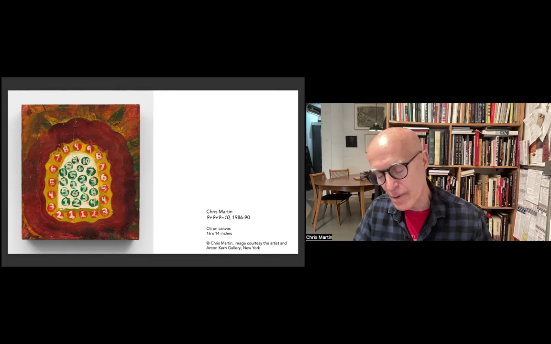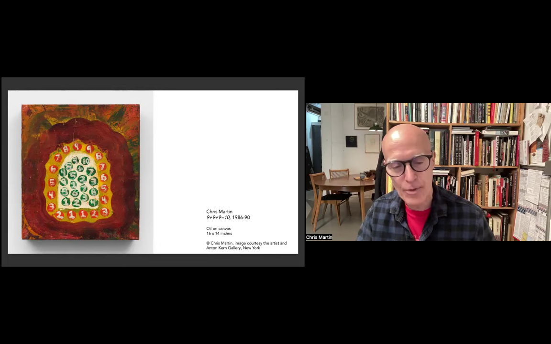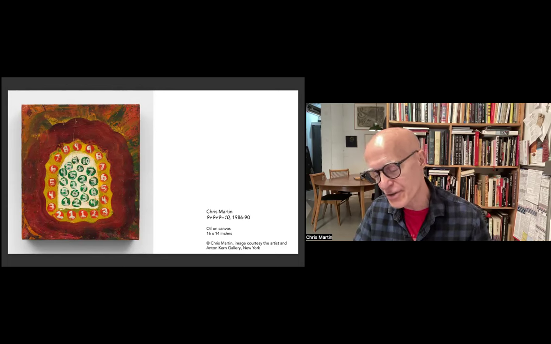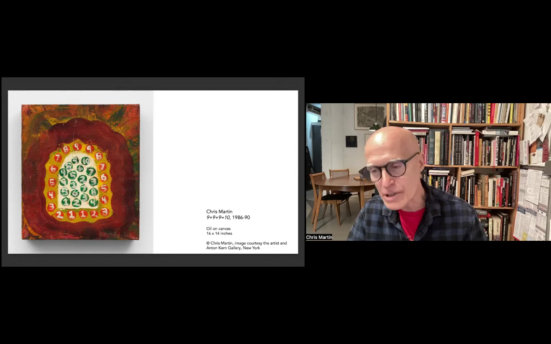I realized when I would look at my paintings, I would count the number of dots, and sometimes I think, well, that's not a lucky number, I'll add a dot, or I'll take one away. And so at a certain point, I started writing the numbers into these dots because I realized that's what I was doing when I was looking at the painting.